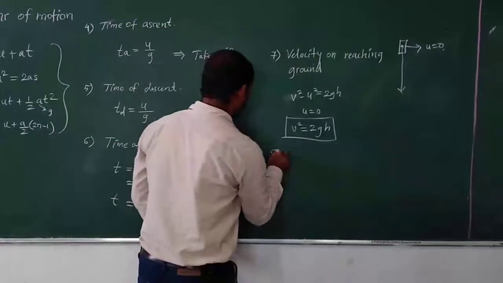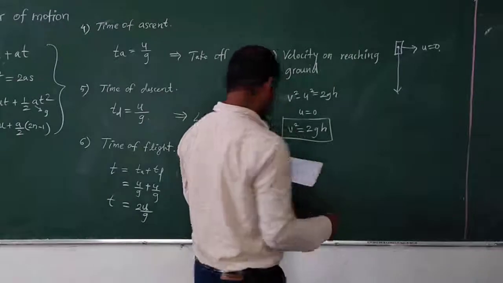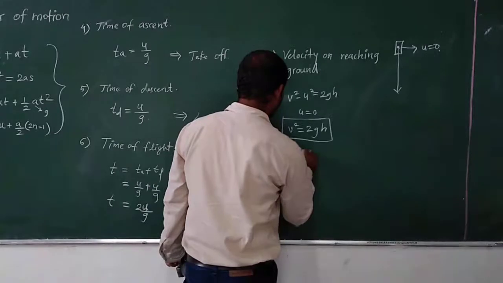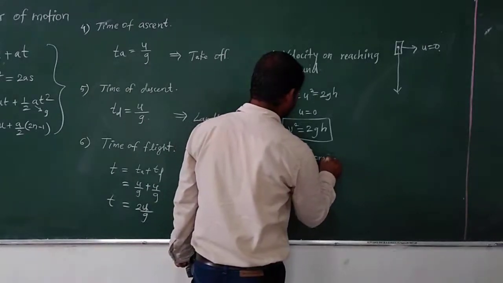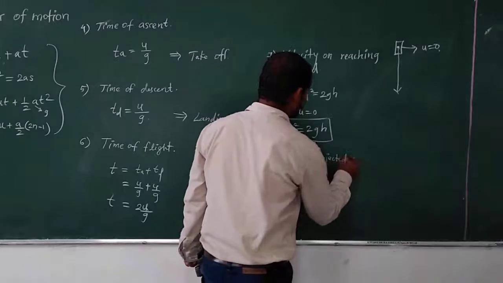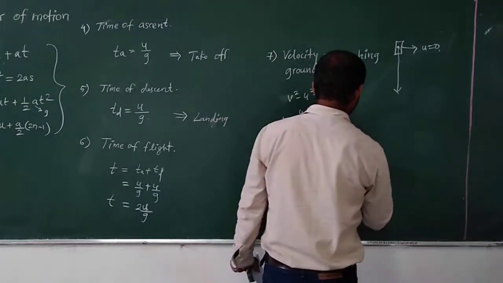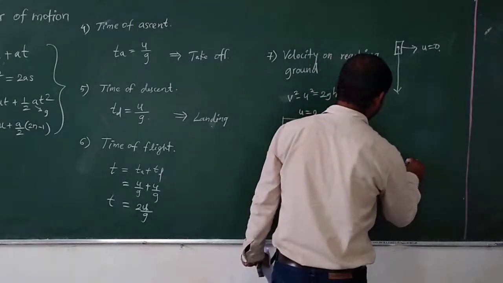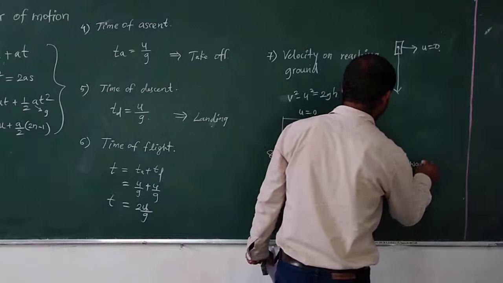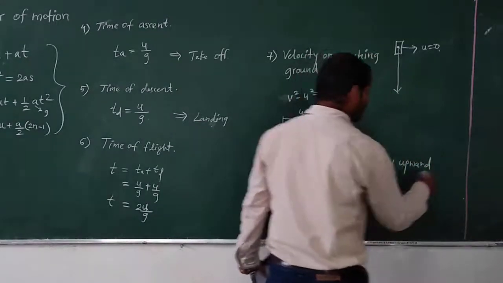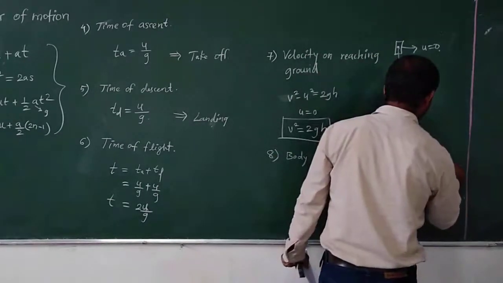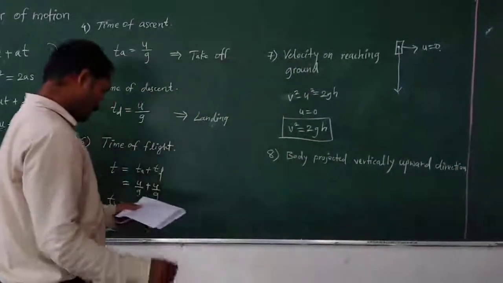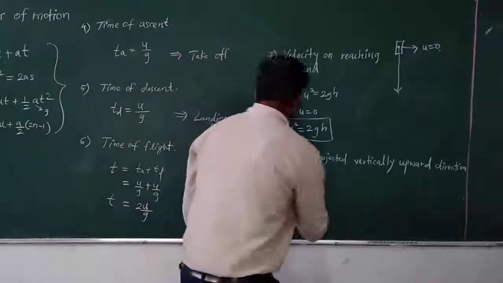Then number 8 is body projected vertically upward direction from the top of a tower.